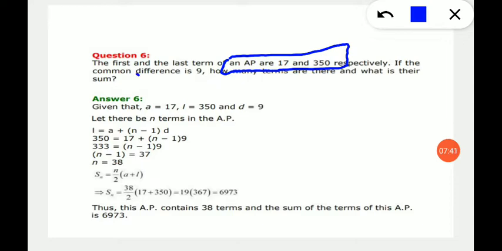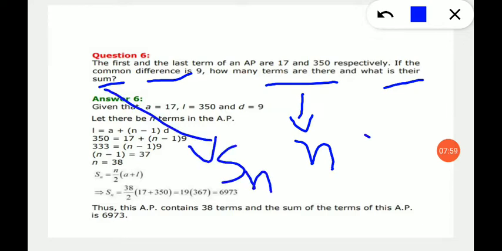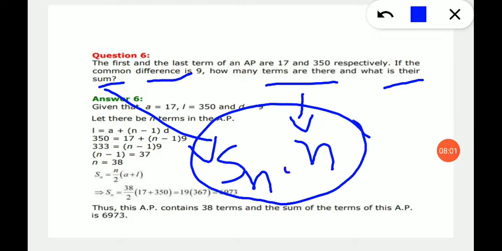If their common difference is 9, how many terms are there and what is their sum? So how many terms are there, which means n, and what is their sum, which means Sn.